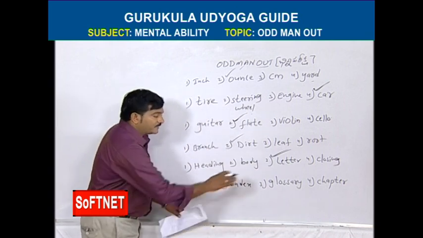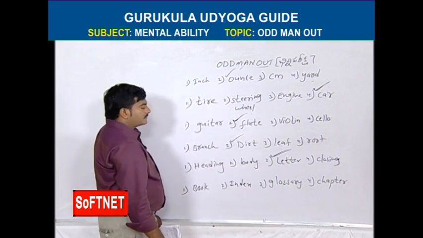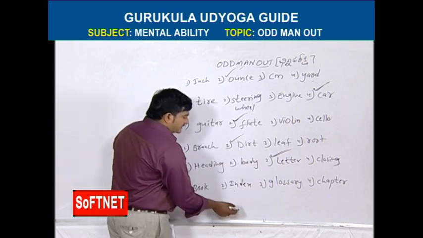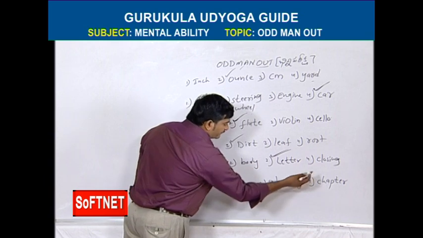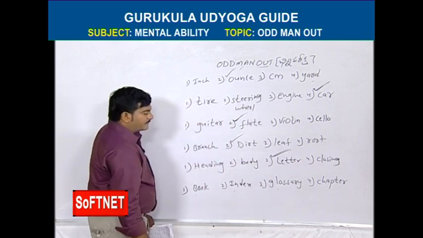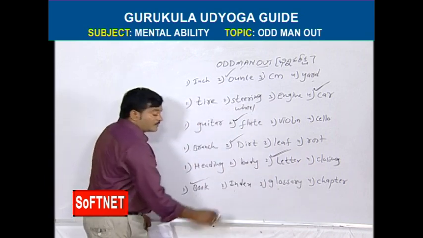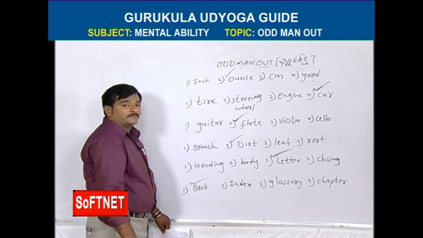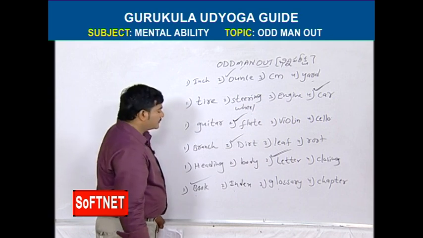Now observe: book, index, glossary, and chapter. Here the answer is book, because the remaining three options are parts of a book. That's why the answer is the first option.